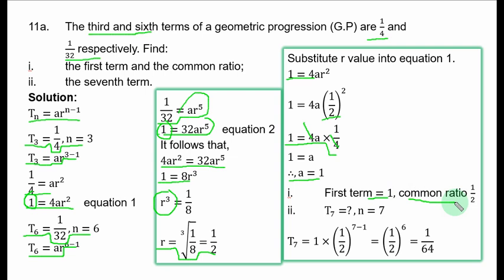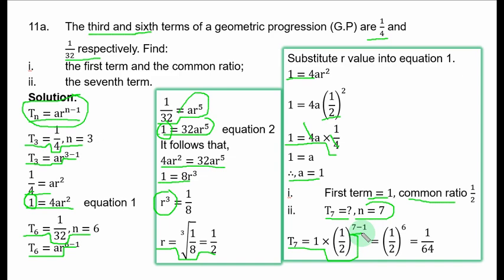Roman figure 2, you have to find the seventh term. That is t sub 7 is unknown. At this point, n is equal to 7. So you use the nth term formula. T sub 7 is equal to first term, that is 1, times common ratio 1 over 2 to the power of n, that is 7 minus 1.